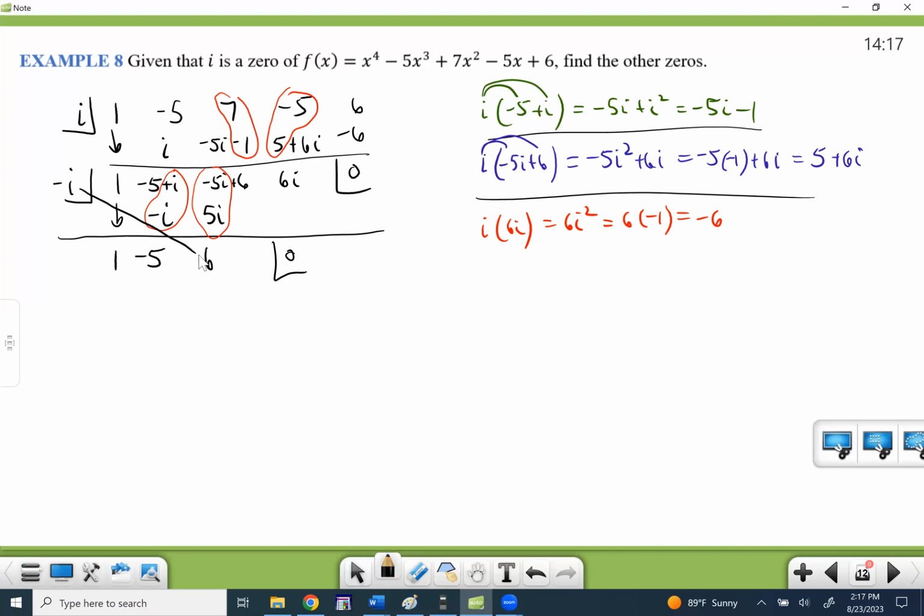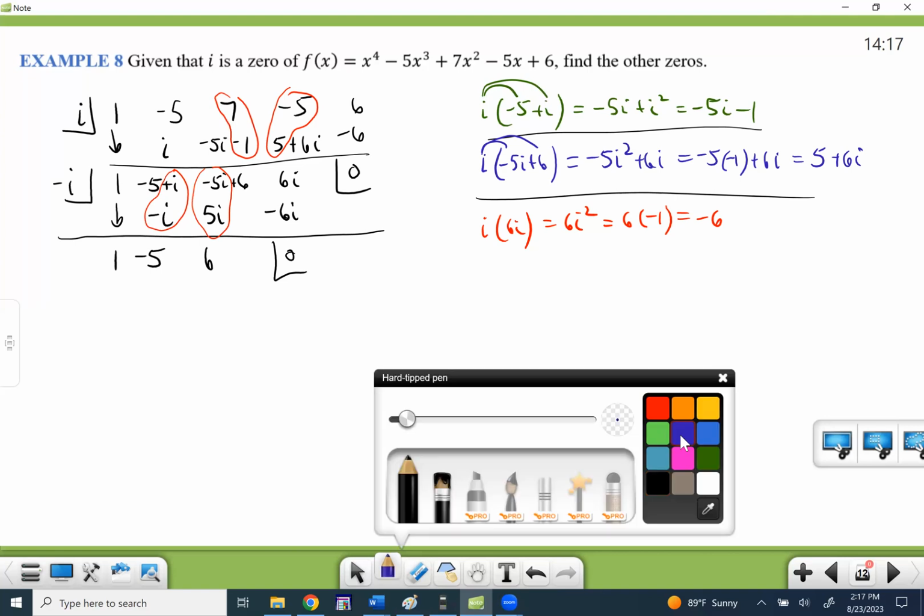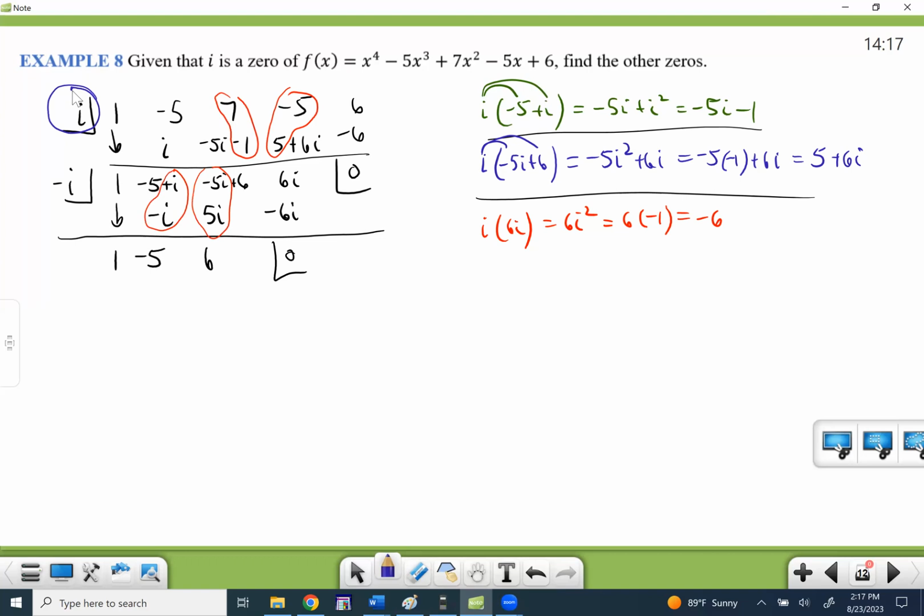And then negative i times 6 is negative 6i. There's our remainder 0. Now this, I'm willing to put the x's back. So now we've actually divided twice. We divided by i to give us x to the third. We divided by negative i to give us x to the second. So this is going to be 1x squared minus 5x plus 6.